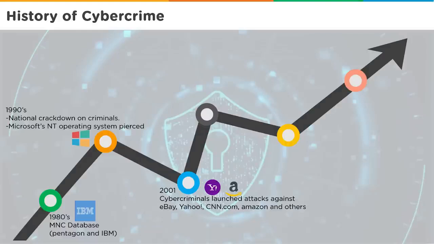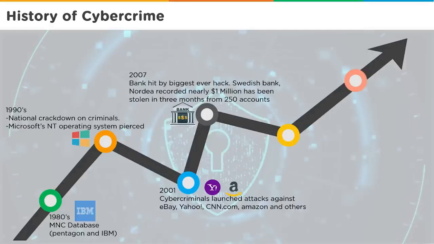In 2001, cybercriminals launched attacks against eBay, Yahoo, CNN, Amazon, and other organizations. In 2007, one of the biggest bank hacks happened: the Swedish bank Nordea recorded at least $1 million being stolen in 3 months from 250 accounts.